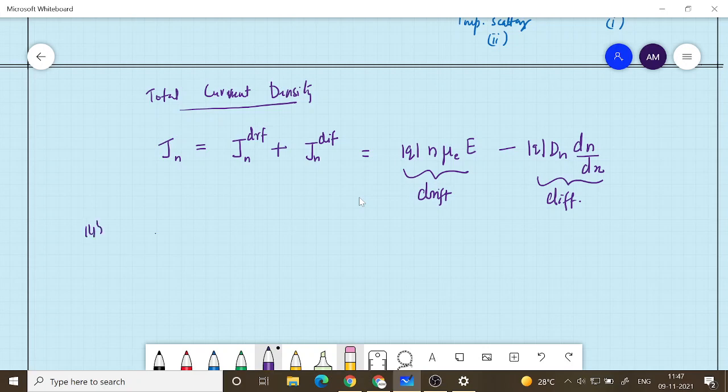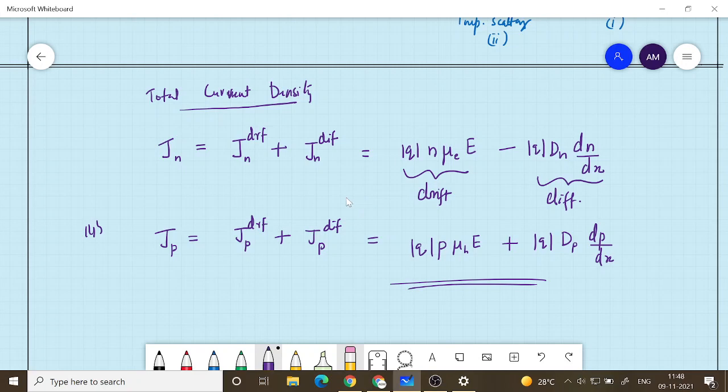Similarly, for holes, I can put Jp is equal to Jp drift plus Jp diffusion. So that will be equal to q p mu h E, and here it will be plus q Dp dp by dx.